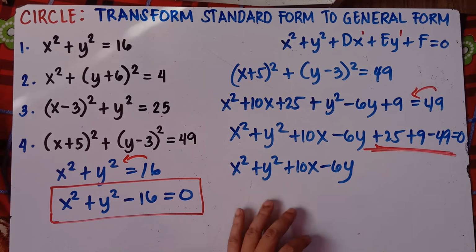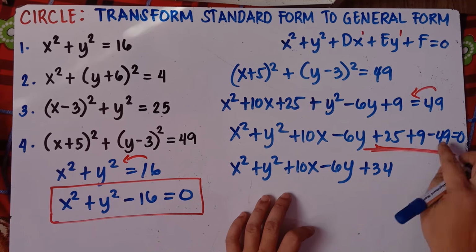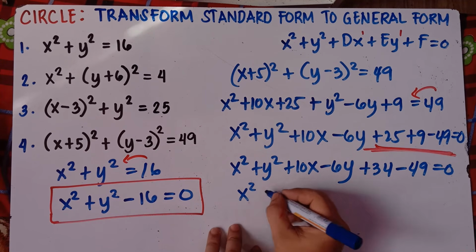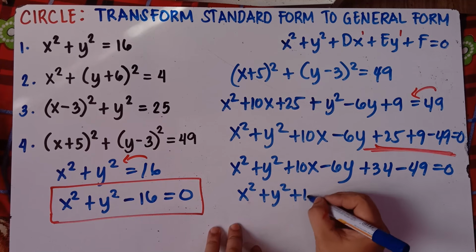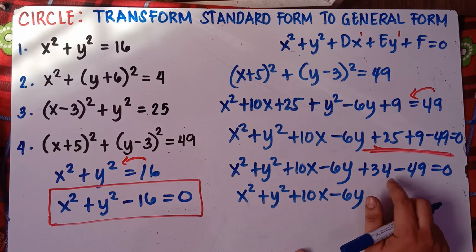So 25 plus 9, that is positive 34, minus 49 equals 0. So this will be x squared plus y squared plus 10x minus 6y, positive 34 minus 49.